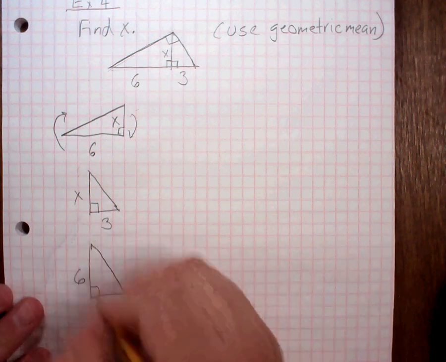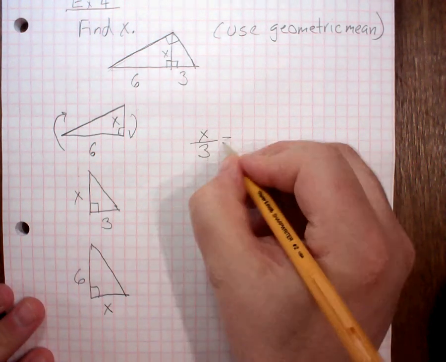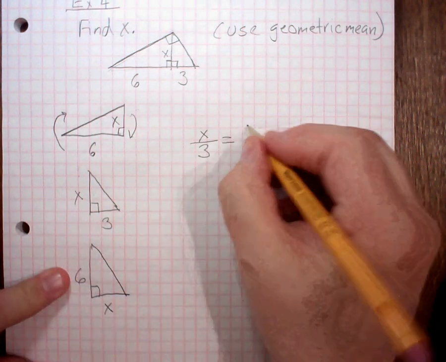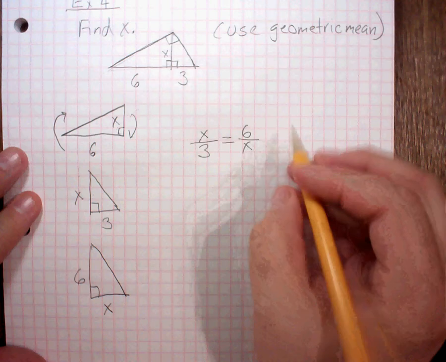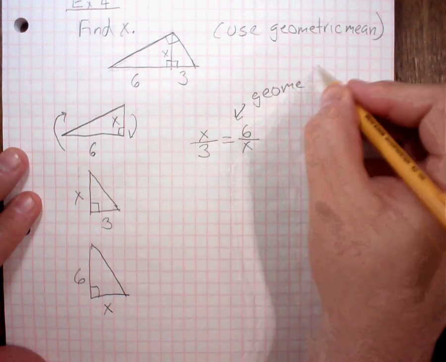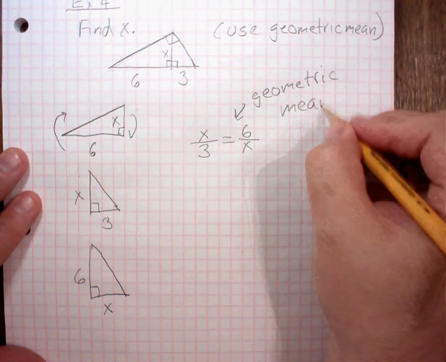So these are similar. So in other words, if I say x over 3, this over this should be equal to this over this. And voila, this is a geometric mean. So this is kind of a shortcut if you just memorize that.